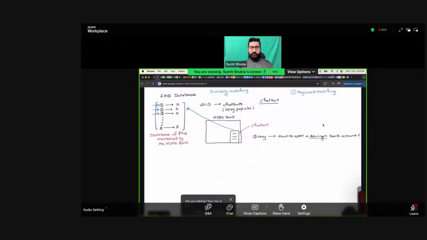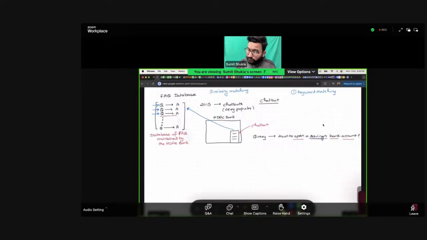Let's say it was able to find that the words saving, bank, open, and account, all these words are available in this question.